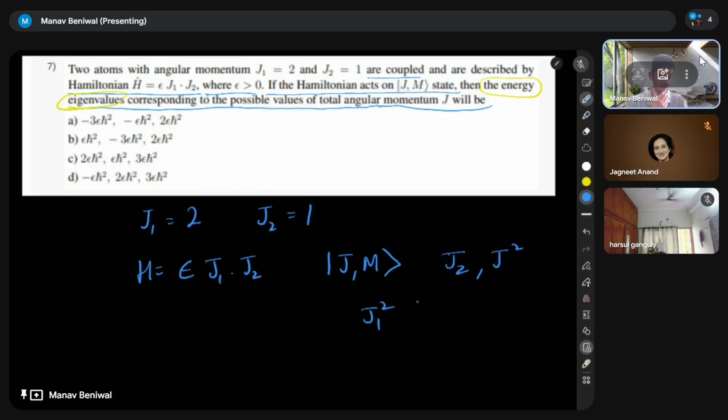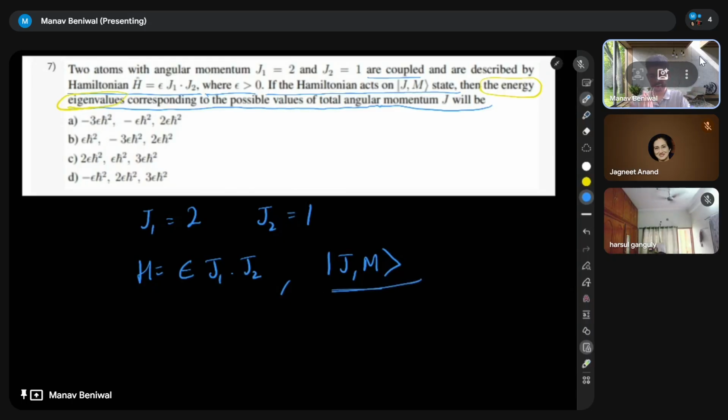But j1 square is written in the basis of j1 square and jz. As we had done in one of our previous tutorials, we need to change this j1 dot j2 to j square and jz, which will give us some eigenvalue, which spans this eigenket.